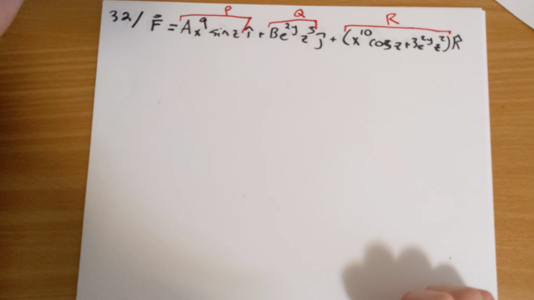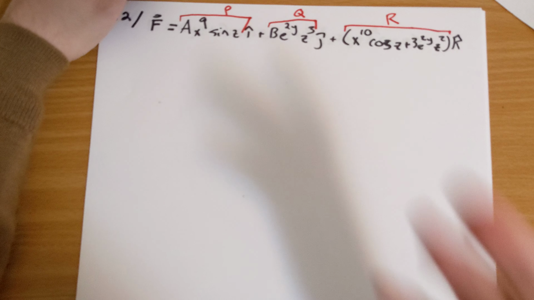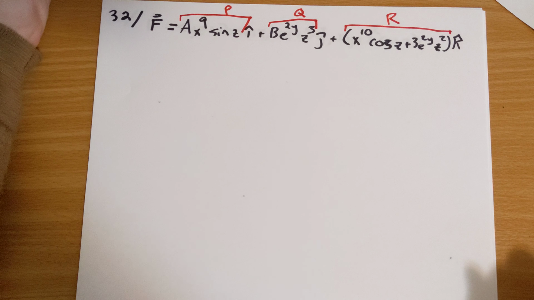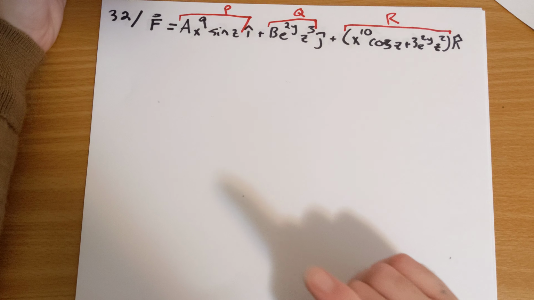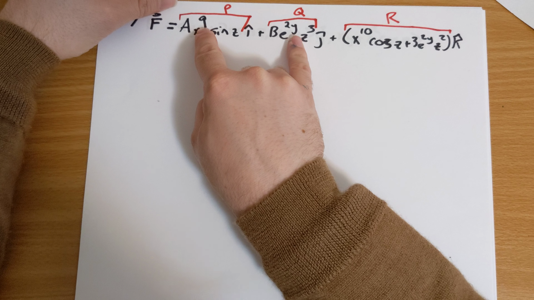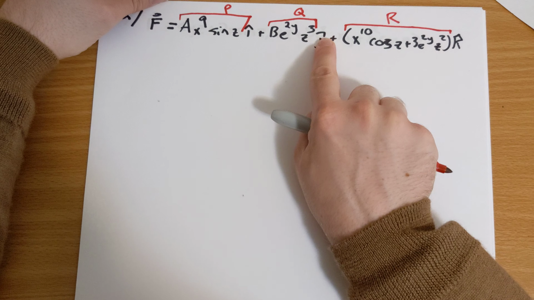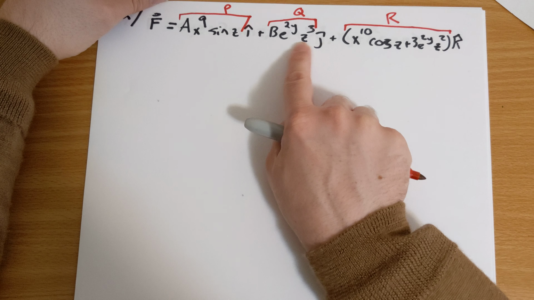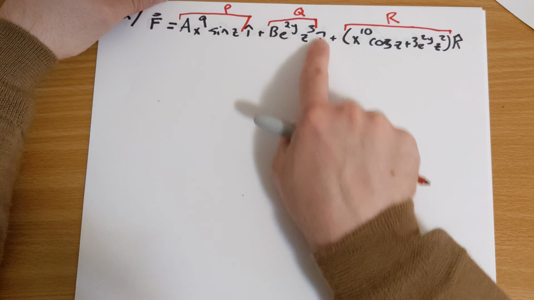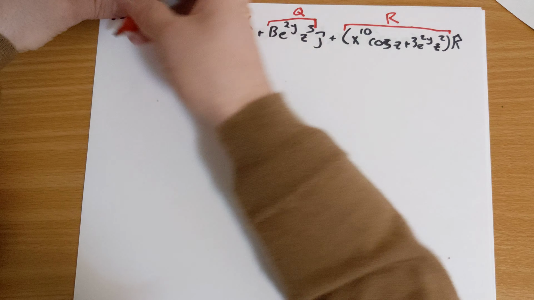Okay, so how do we show that a vector field is conservative? In this case, for a 3D vector field, we have to check 3 pairs of cross partial derivatives. The first pair is P and Q. We want to take the derivative of P with respect to y, which corresponds to j hat, and the partial derivative of Q with respect to x, which corresponds to i hat.